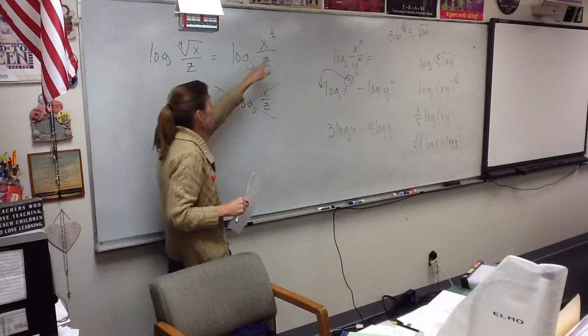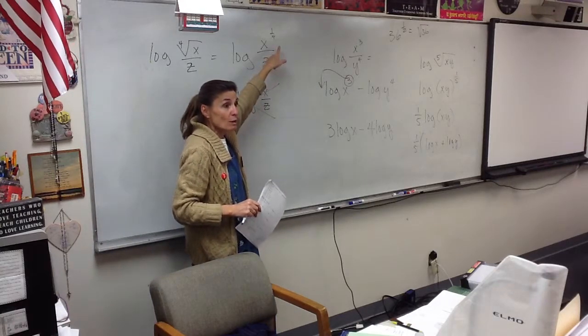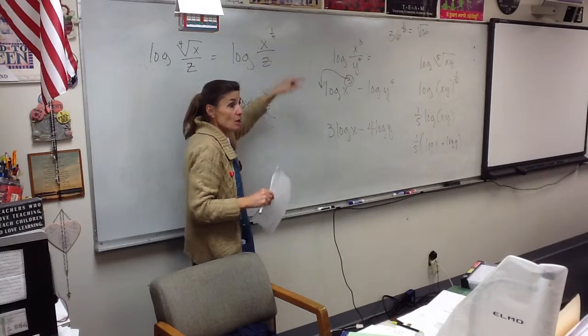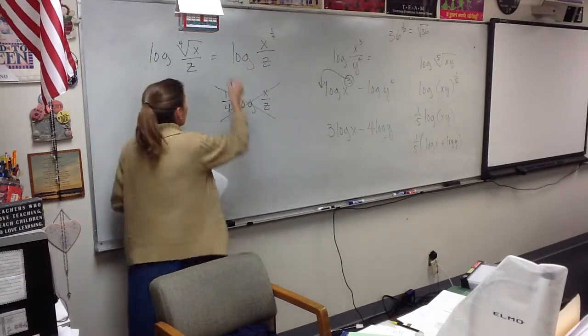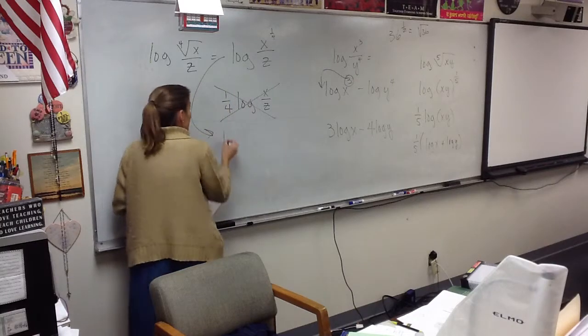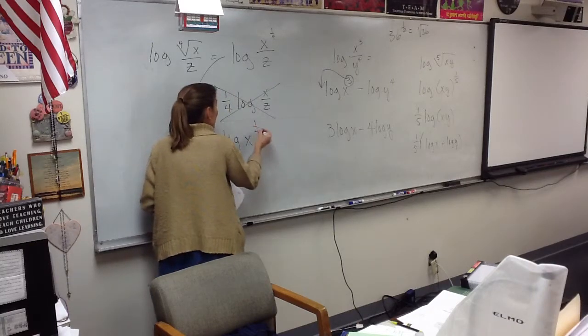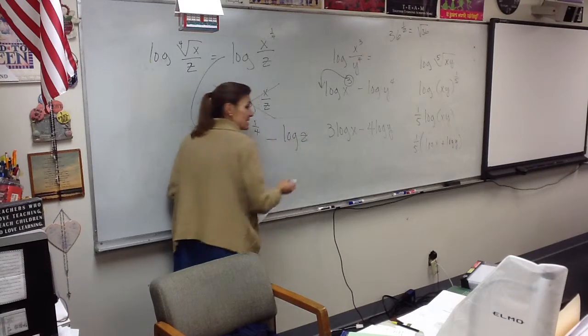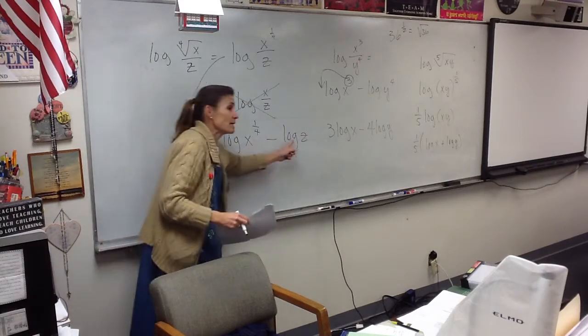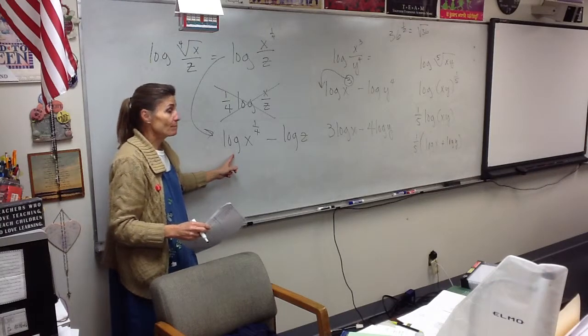Exactly. This exponent only goes with the x. So before I can pull it off, I have to separate my problem. So my next step is the log of x to the 1/4 minus the log of z. Now, why did I break it apart as a minus problem?